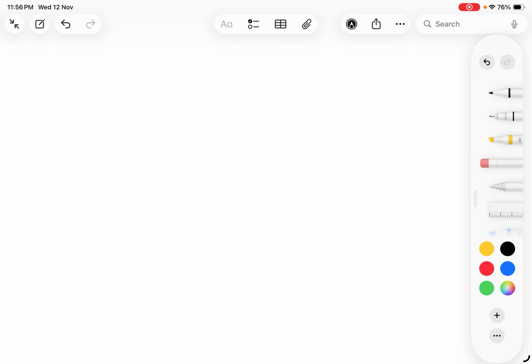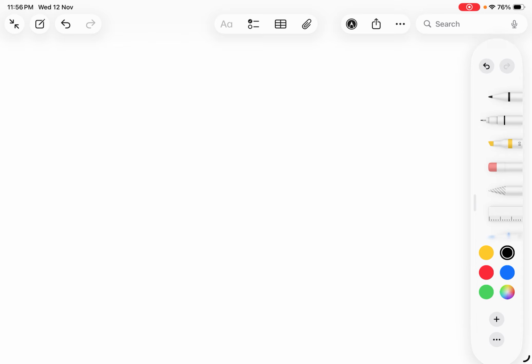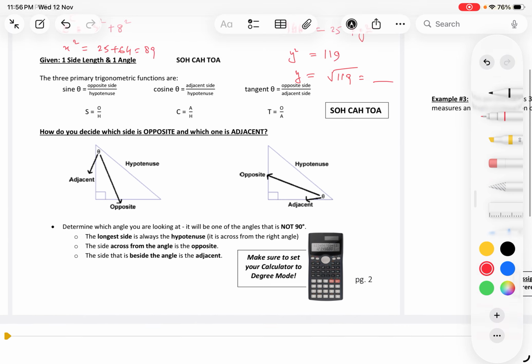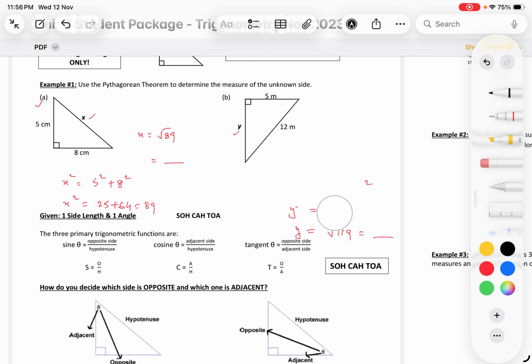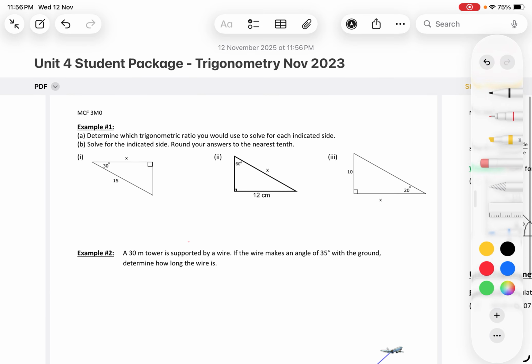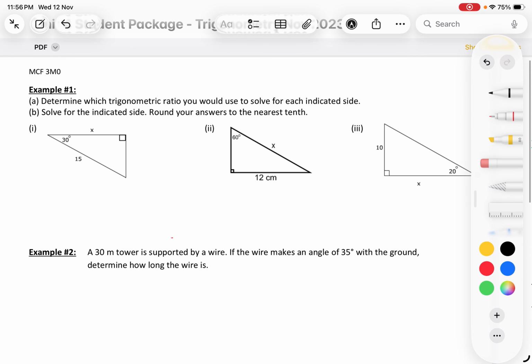Let us do a few questions on this. Determine which trigonometrical ratio you would use to solve each indicated side, right?